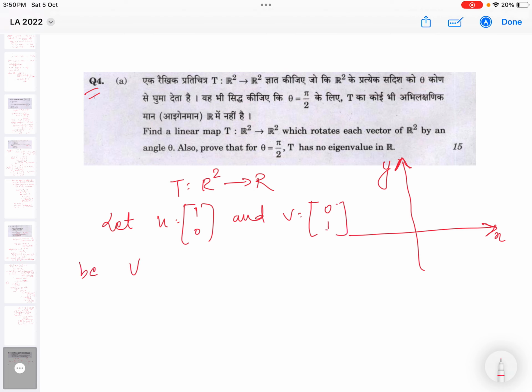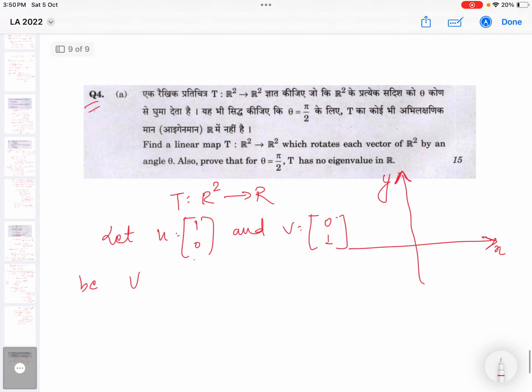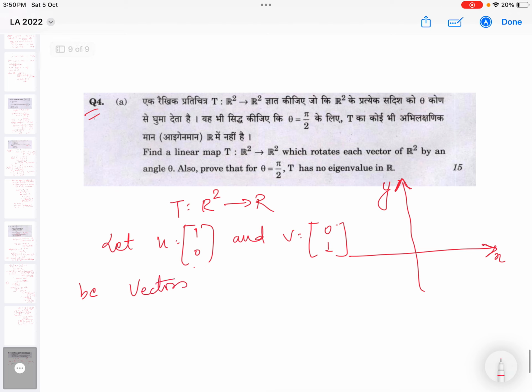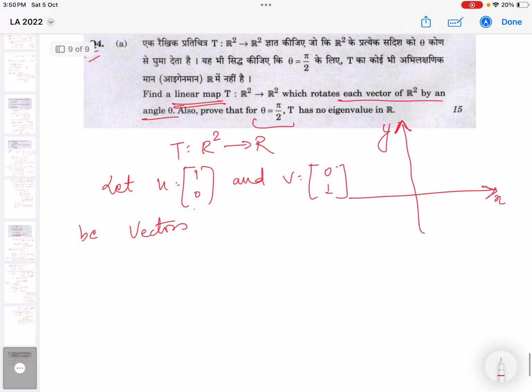Basically this is the x axis and this is the y axis; x is 1 and y is 0. The linear map T rotates its vectors by angle theta. Prove that for theta equal to pi by 2, there are no eigenvalues in R.